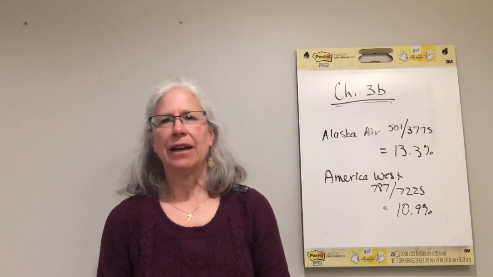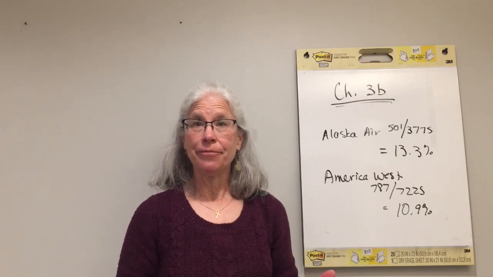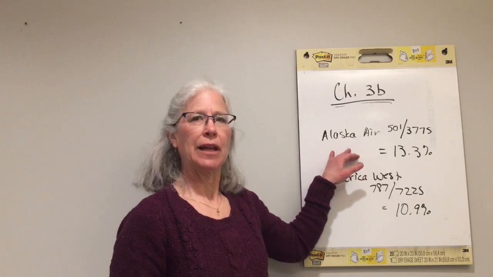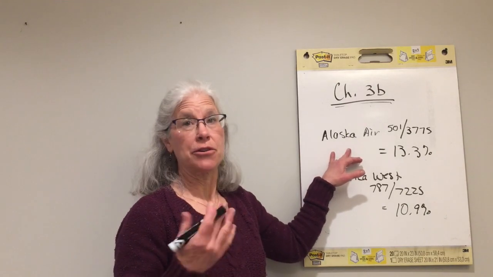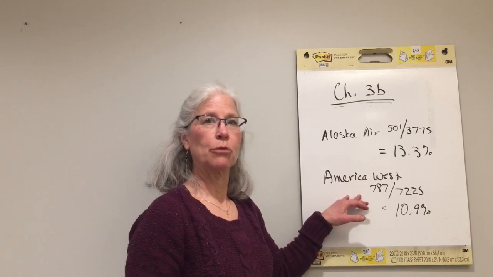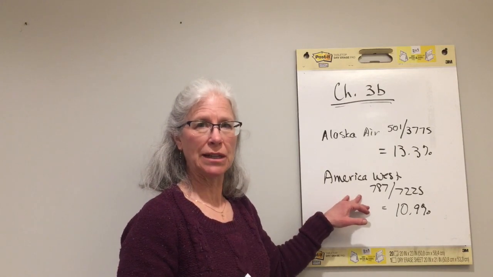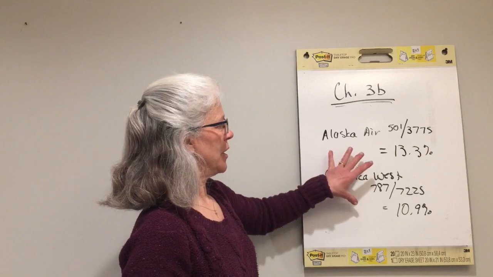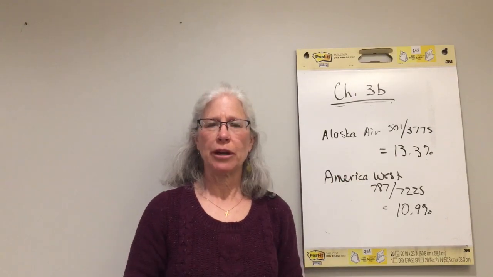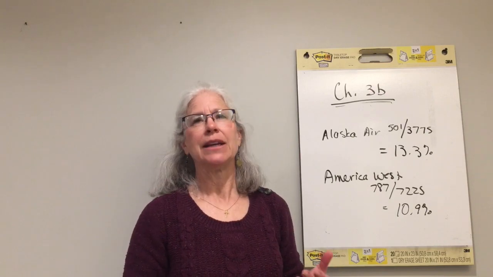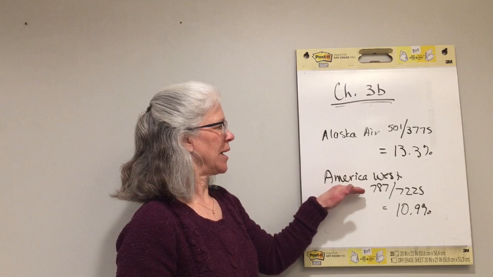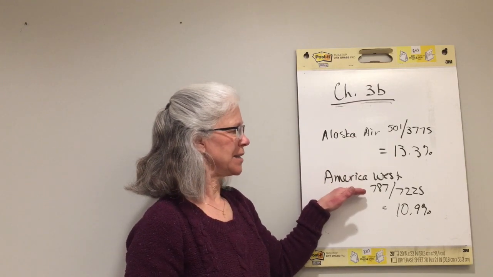Seattle, very cloudy, harder to be on time. And so Alaska Air tended to fly to places that were harder to be on time to, especially Seattle, whereas America West flew to places where it was easier to be on time, specifically Phoenix. So that's how the overall rate could look worse for Alaska Air, even though at each individual airport, Alaska Air did better. It's because the bulk of their flights were to a difficult airport and the bulk of these flights were to an easy airport.